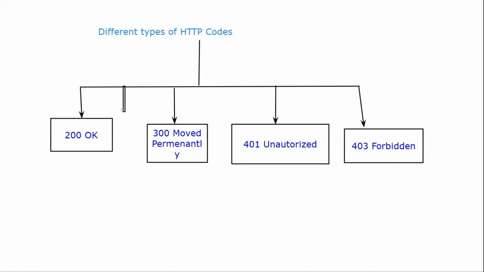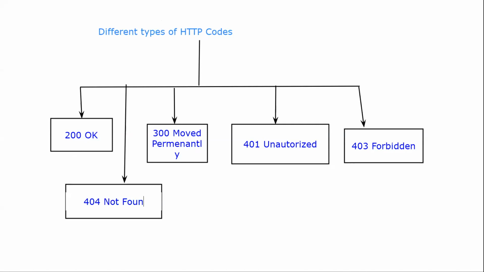Next is, which is next? There are some more codes. The next code is, I think this code all of you have seen. This is a very common code. 404 not found.